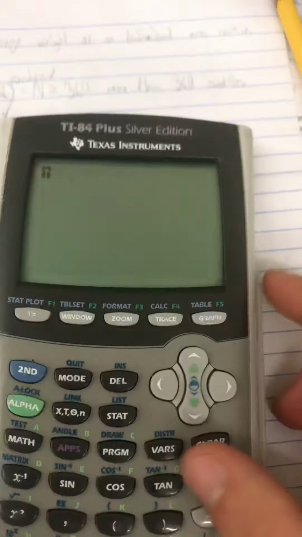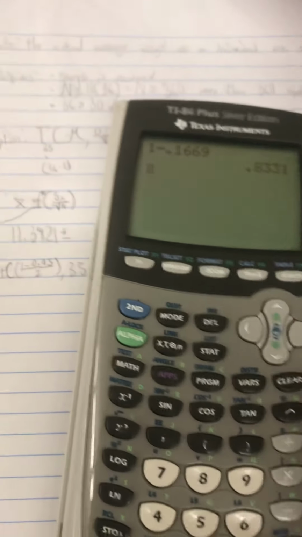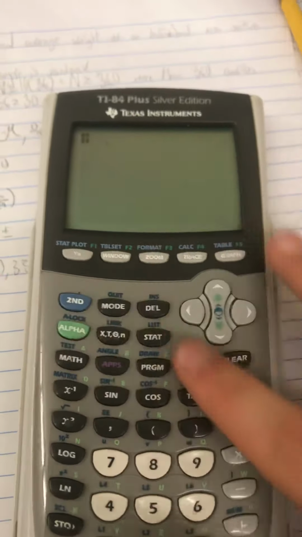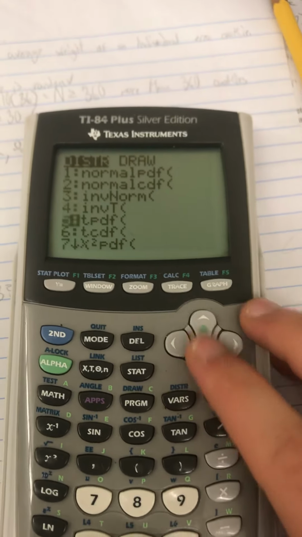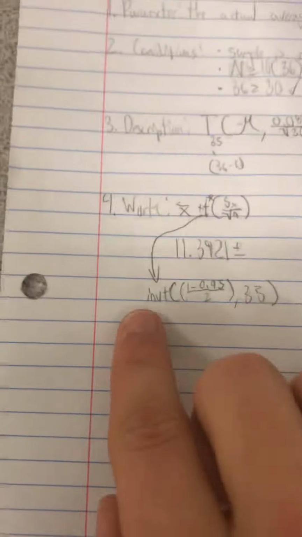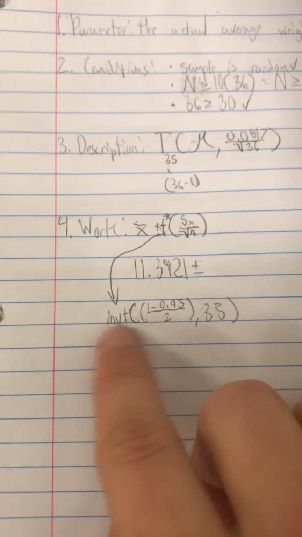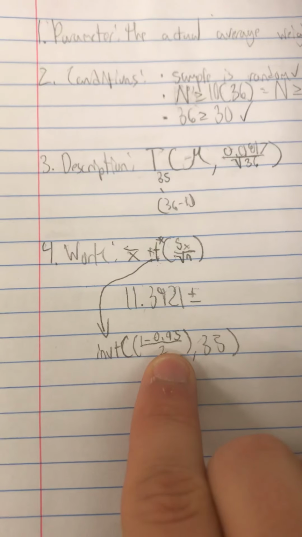So you go to second vars, you go to inverse t, and then you put it in. So this would be 1 minus 0.95 over 2, which equals 0.025.